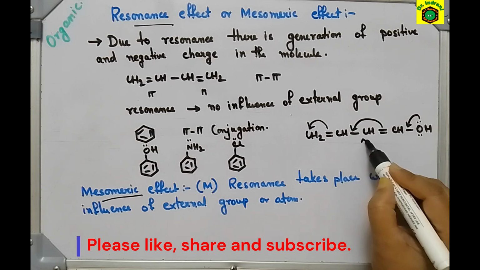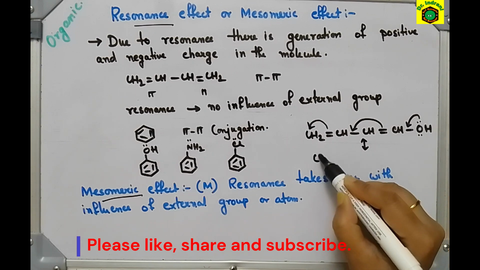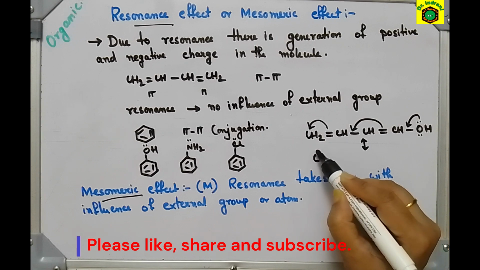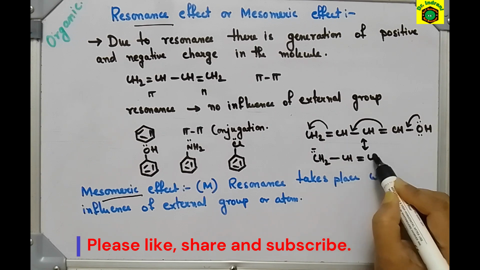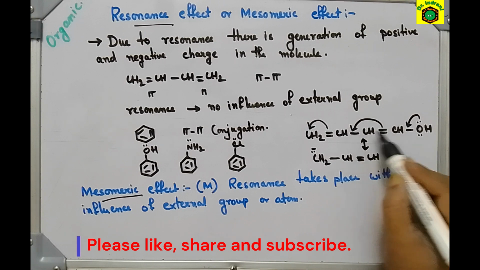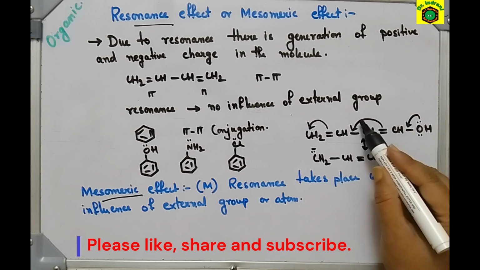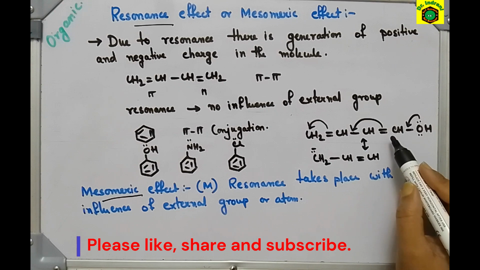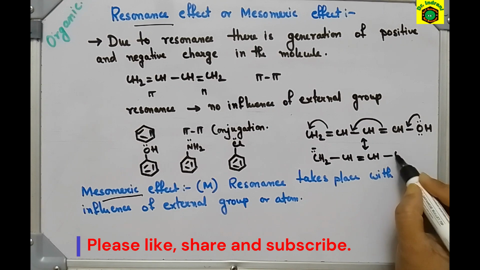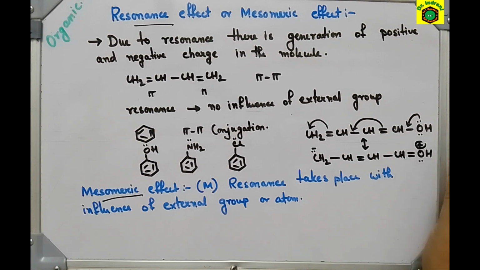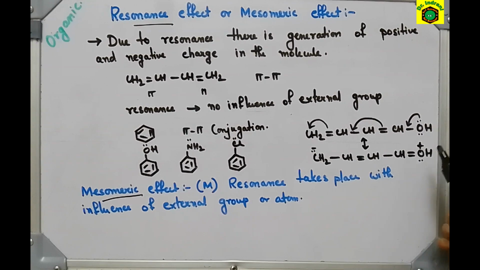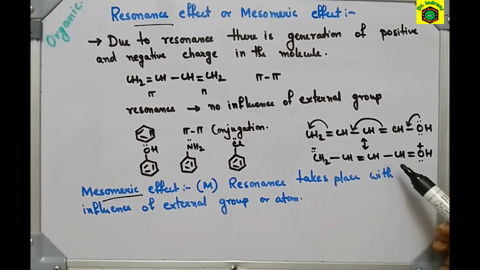So what is the next resonating structure? Double bond is shifted here. So this is mesomeric effect. These are the resonating structures.